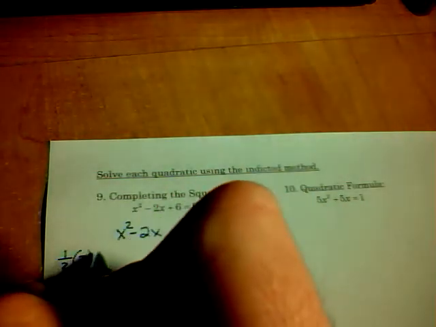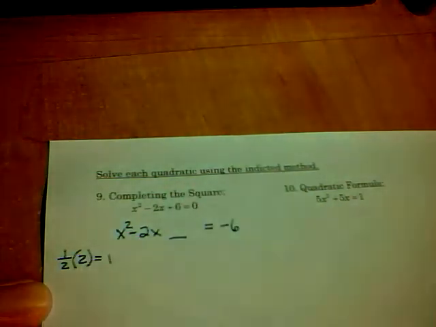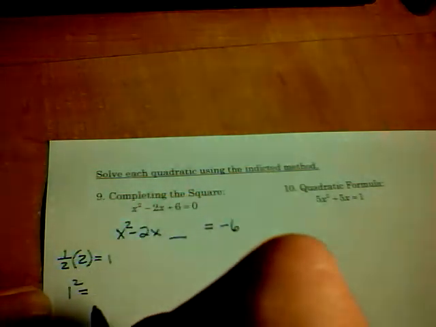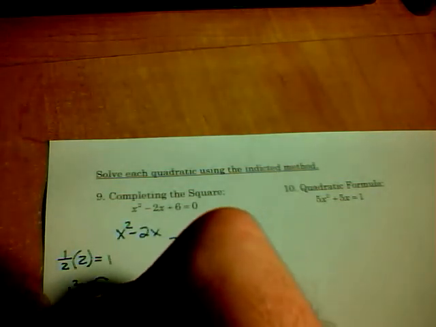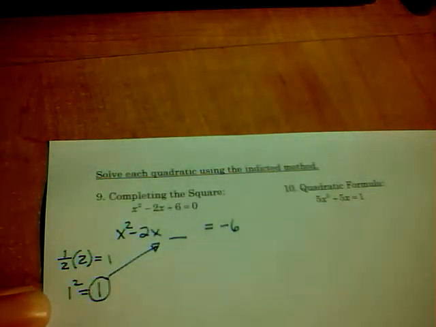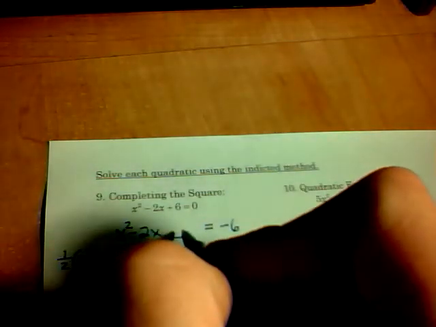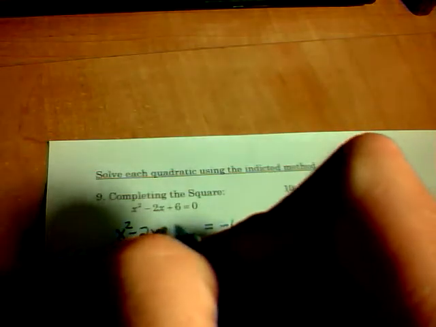So we're going to take half of 2, which gets you 1, and then once you have the 1, you're going to square that 1, which becomes 1, and that'll be the term that you place in as the constant in this trinomial as your third term.